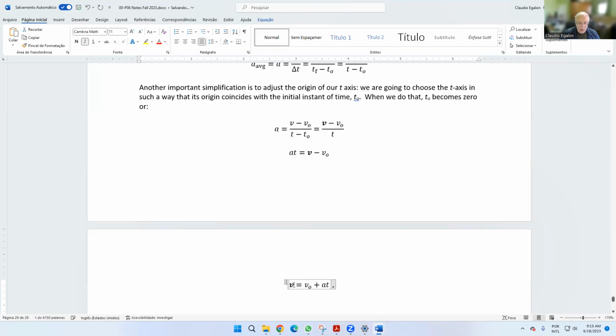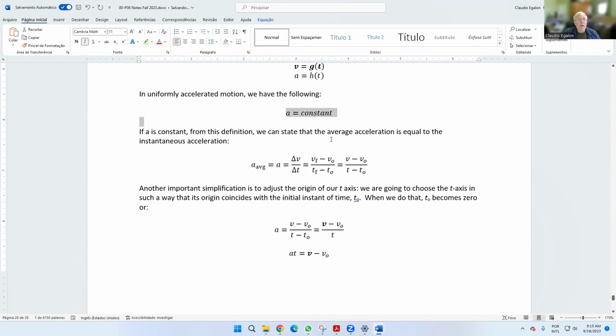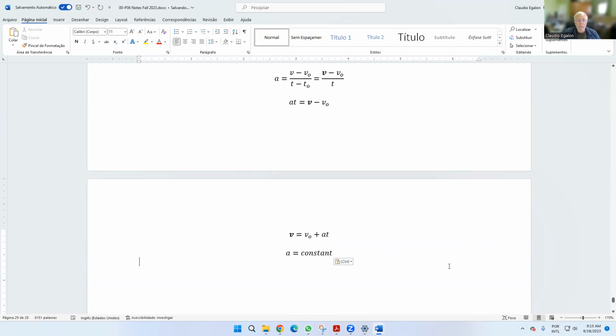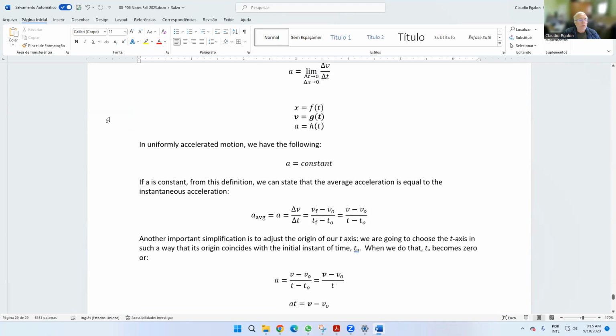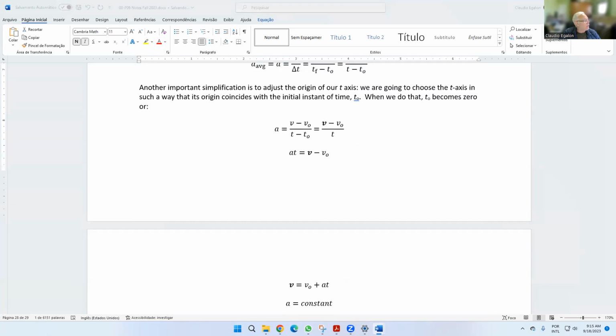And that's our second equation of motion for the case of uniform acceleration. So I'm going to take the boldface out of the equation, and now we're going to concentrate on this other equation, x as a function of time. Let's see how it looks and how we do that as well.